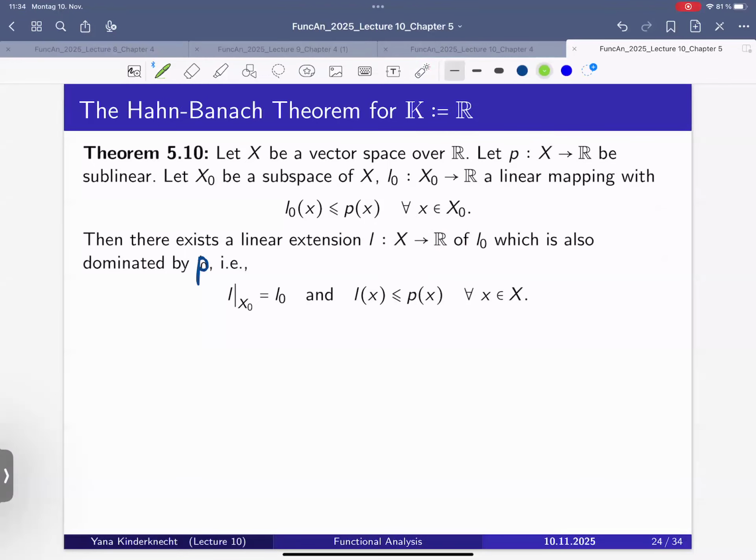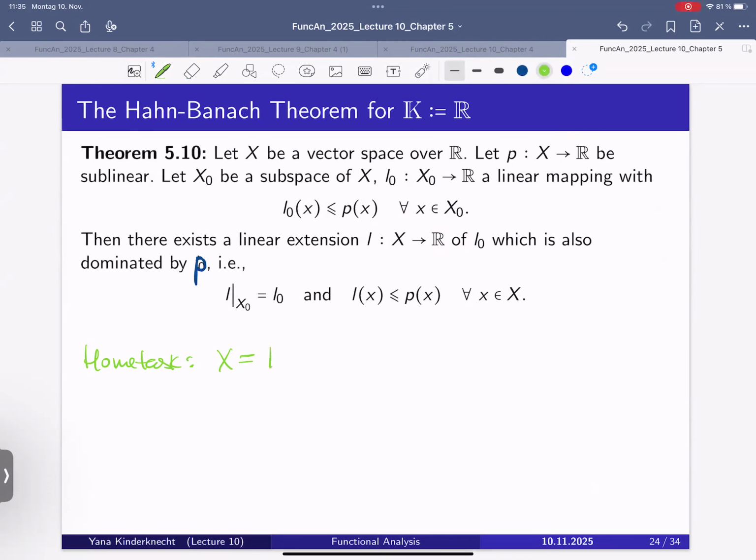So, home task, or right now, like an exercise. My space X is just R1. What are all linear functionals on X?